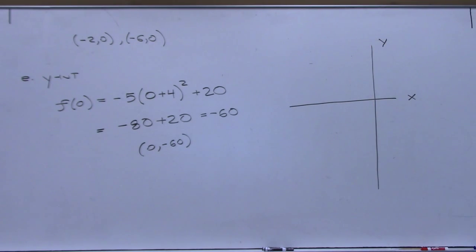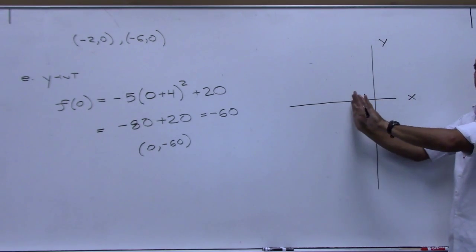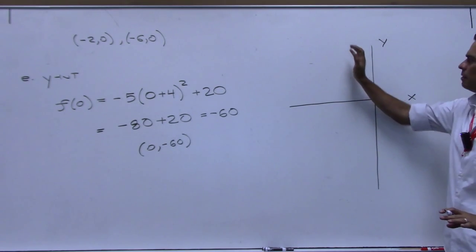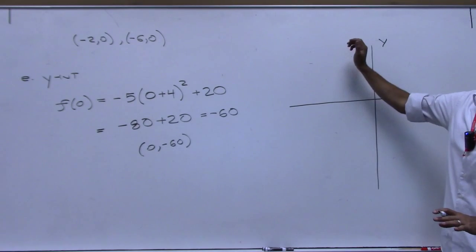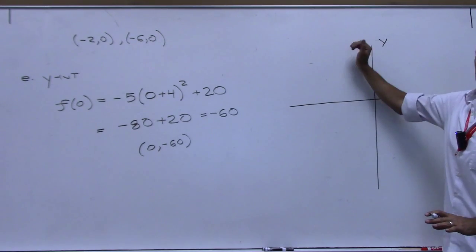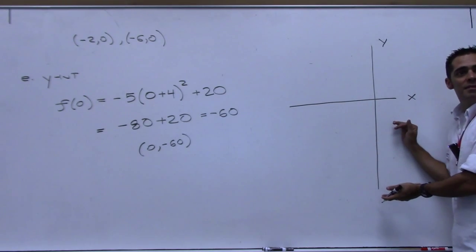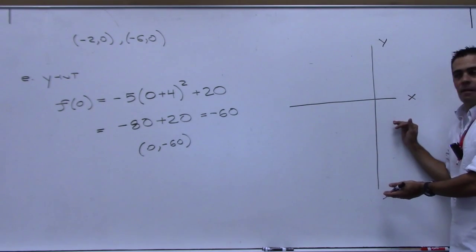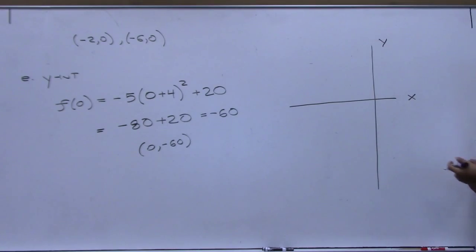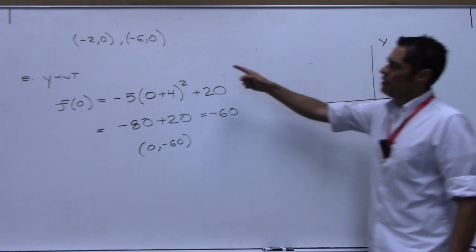Now first, notice that I'm really only focusing on the left side of the graph. That's because I know my vertex is what? -4 and up what? What was it? 20. So, and down, I have to be able to go all the way to -60, don't I? What about left and right? I only need to go to -6.